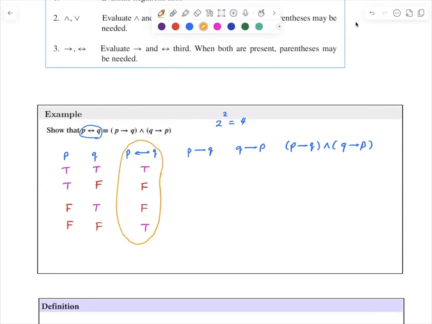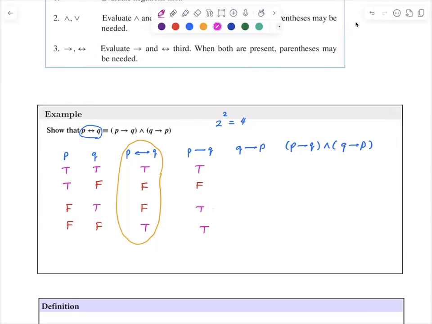Now let us take a look at P then Q. P is true, Q is true, P then Q is true. P is true, Q is false. This is the only case in which the implication is false. P is false and Q is true, so you get true back. P is false, Q is false, it is true as well.